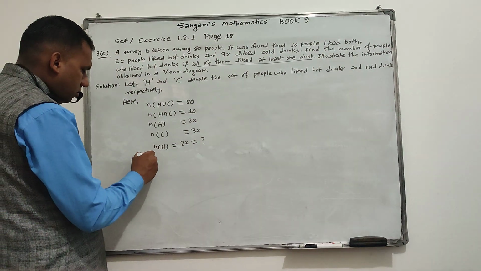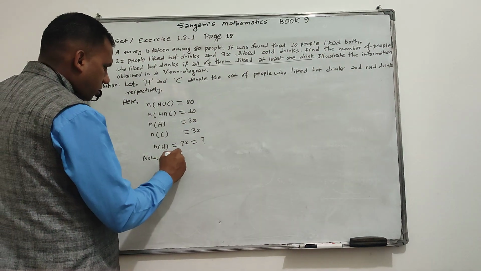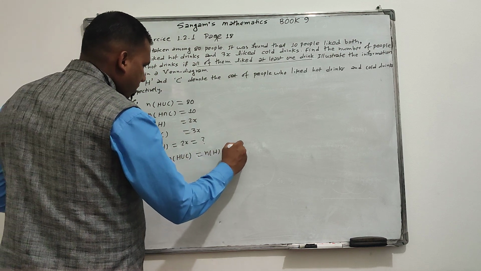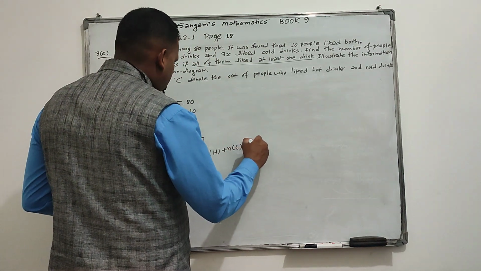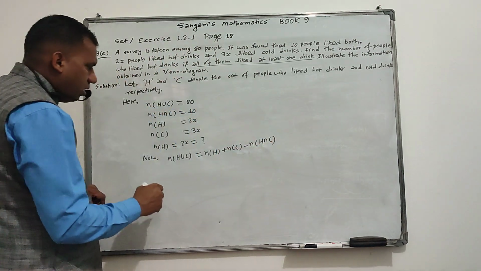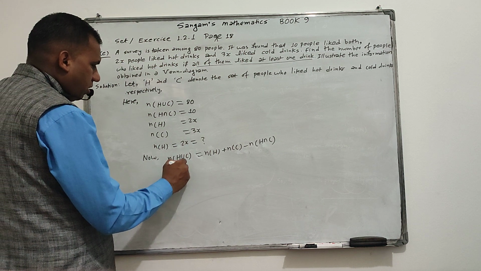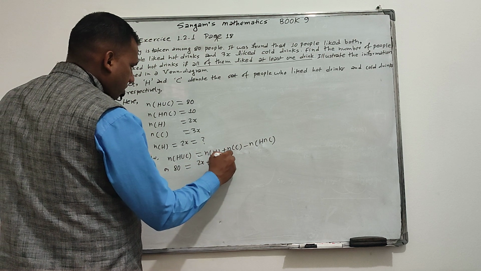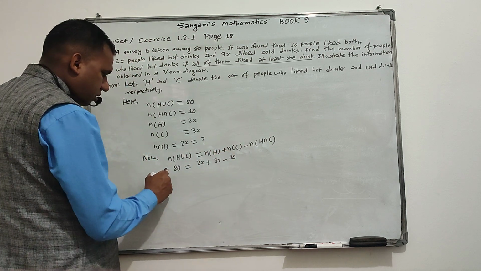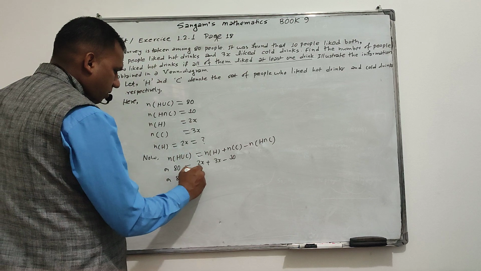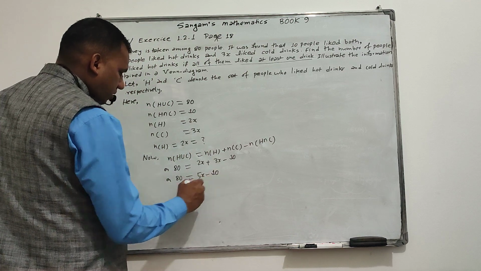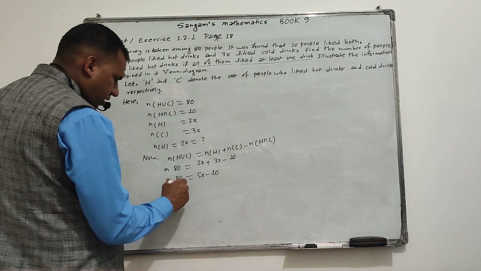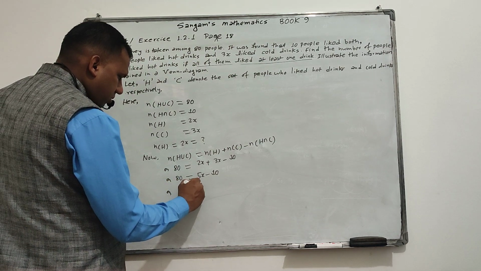Now using the formula, number of S union C equal to number of S plus number of C minus number of S intersection C, or it equals 2x plus 3x minus 10, or 5x minus 10, or 80 plus 10, 90 equal to 5x.